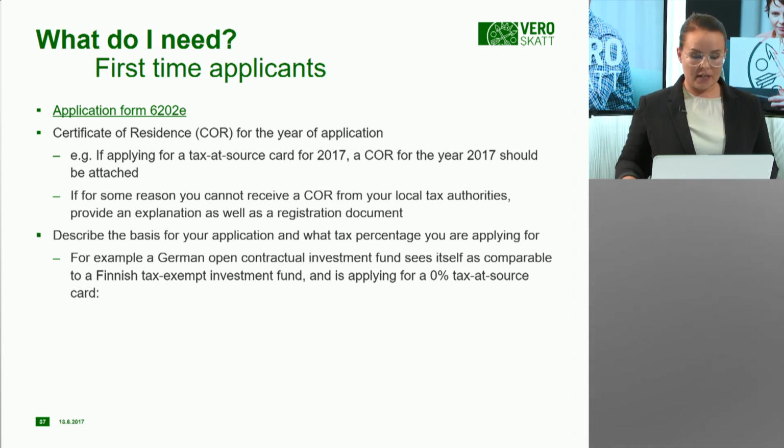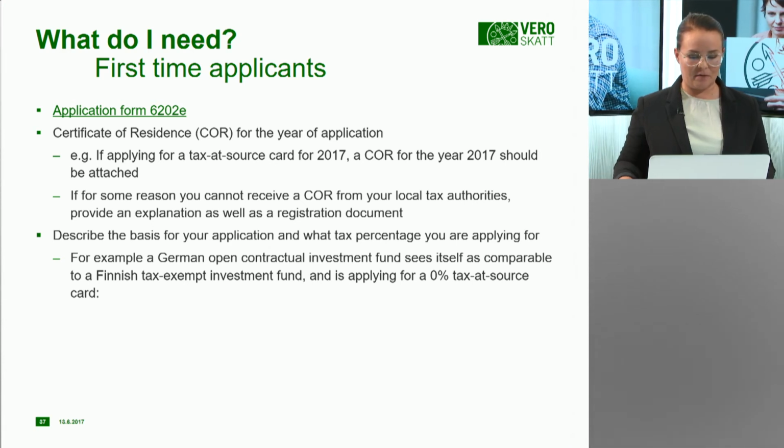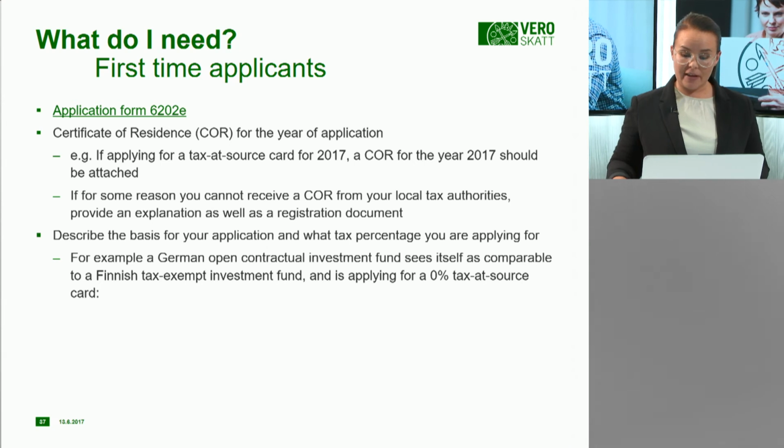Also describe the basis for your application and what tax percentage you are applying for. For example, a German open contractual investment fund sees itself as comparable to a Finnish tax-exempt investment fund and is applying for a zero tax at source card. So what do we need?